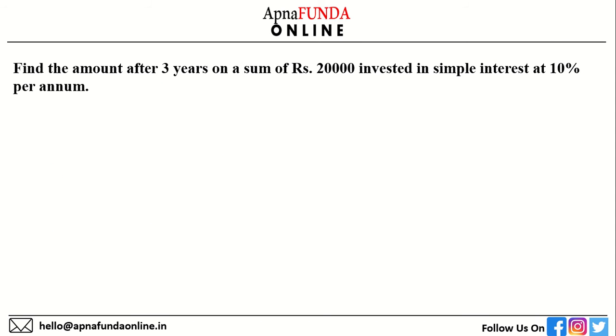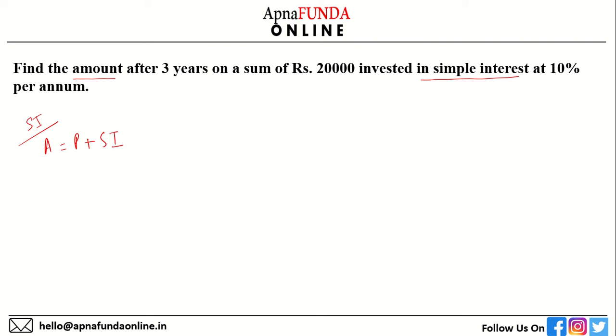Find the amount after 3 years on a sum of rupees 20,000 invested in simple interest at 10% per annum. So over here, we need to find the amount on a particular sum which is invested in simple interest. In case of simple interest, the amount formula is amount is equal to principal plus simple interest.